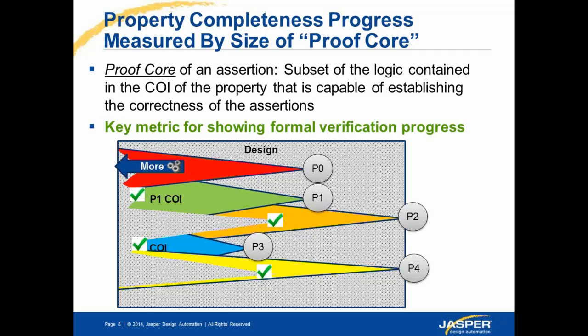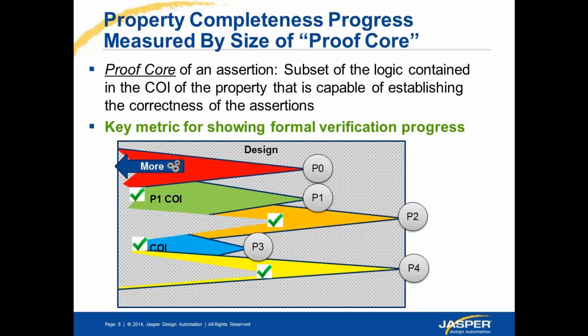Well, can you tell anything more from this proof core metric? So let's take a look at assertion P0 there. Let's say you have a bug somewhere around where you see the arrow. Any RTL present in that particular cone is affected by the property there, or should I say, the property affects any piece of RTL in that particular cone. Let's say you have a bug there.